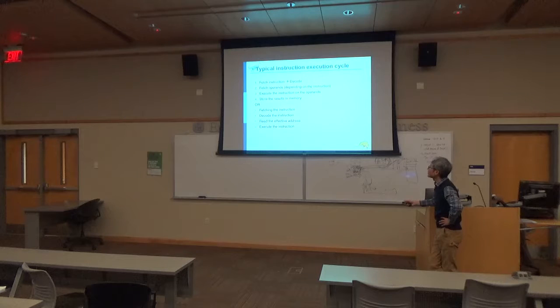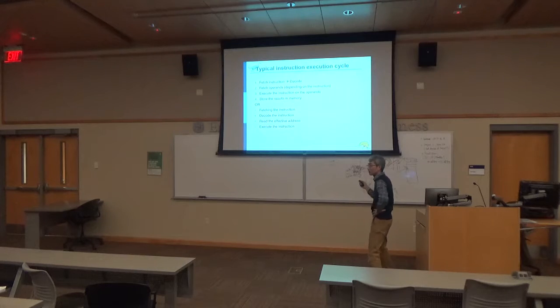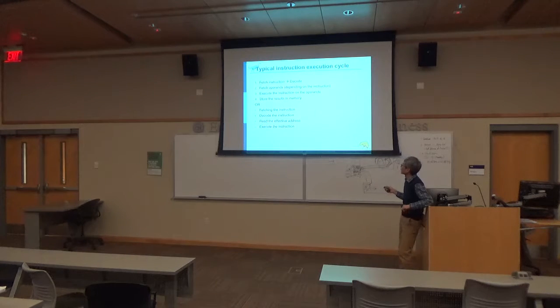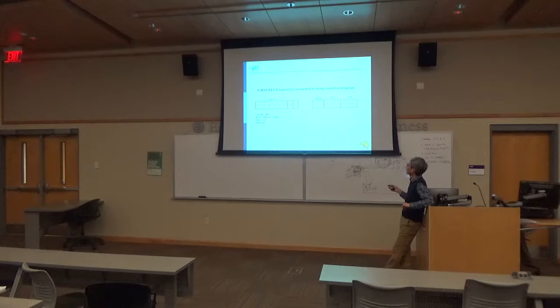Then typically this is the cycle of the execution for the instruction. We need to get the instruction code and decode, like from here. What's the operation code, using the first 6 bits? So it will be move, and so on.